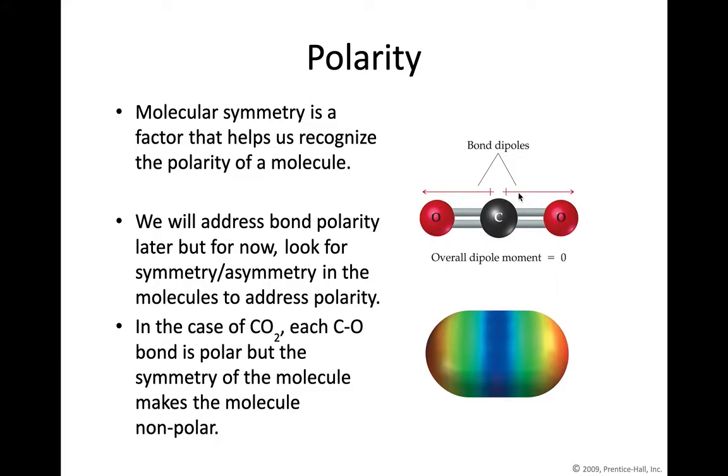It doesn't matter that electrons are more attracted to the oxygen than the carbon in this molecule, because it's a linear molecule. These two bond dipoles are going to cancel out. They're pulling in equal but opposite directions. If this was a tug of war, there'd be no movement on the central carbon atom because these are equal.